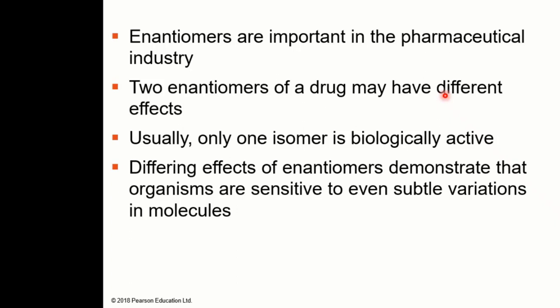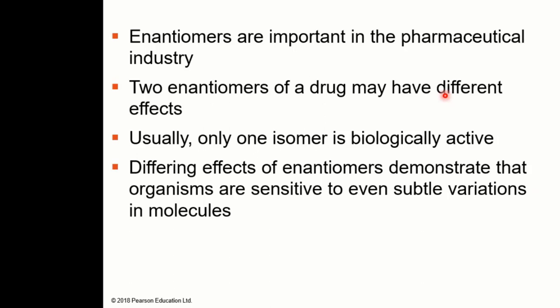When we talk about the pharmaceutical and drug industry, you're talking about medicines and the kind of medicine that they will be using in order to remedy some kind of disease or whatsoever. So that's where they are used.